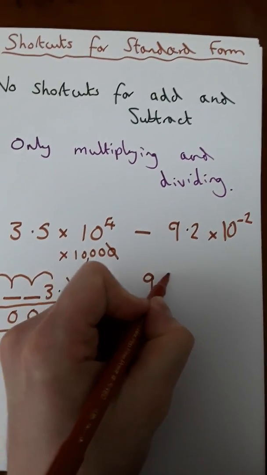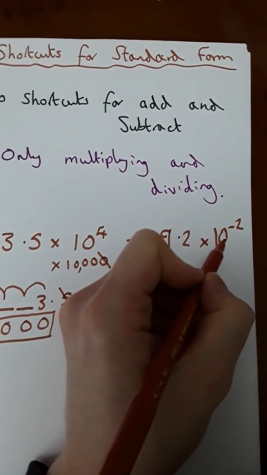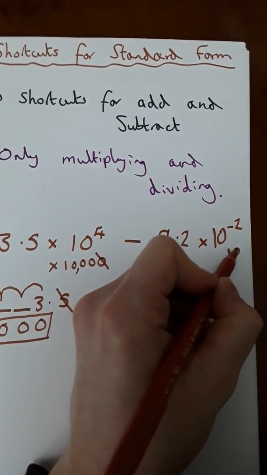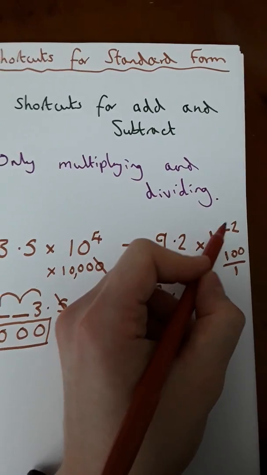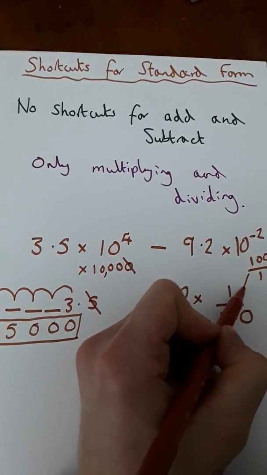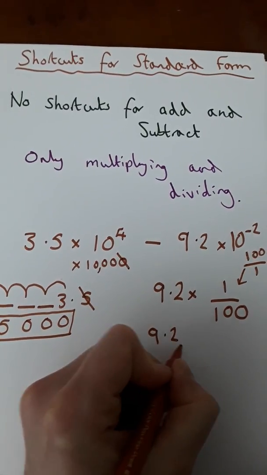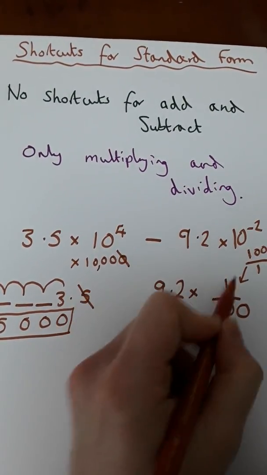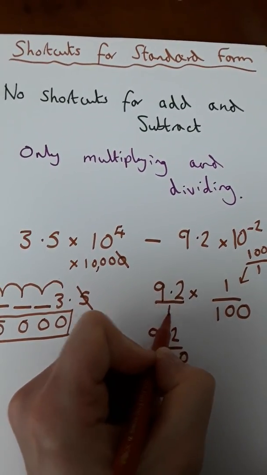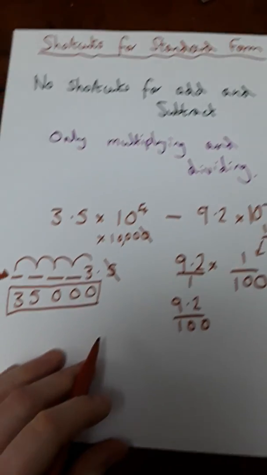Now I've got 9.2 times 1 over 100, because 10 squared is 100 over 1, and because we've got a negative, we take the reciprocal, which means we flip it, so we get 1 over 100. So that means we get 9.2 divided by 100, because you times your top numbers together, and 9.2 is really 9.2 over 1, and we times our bottom numbers together.